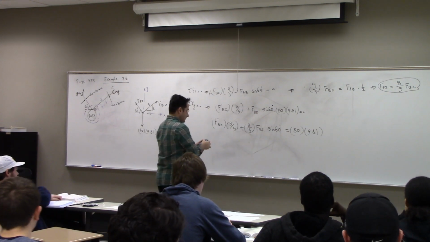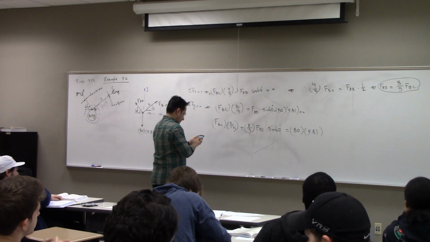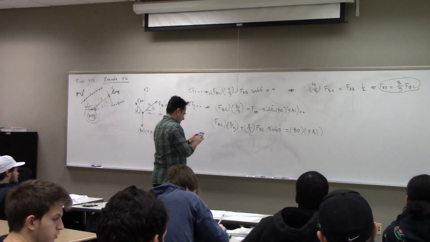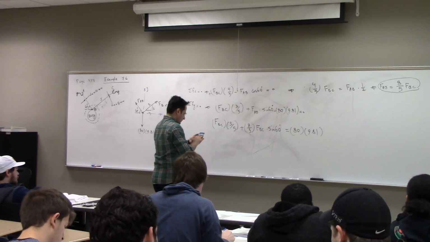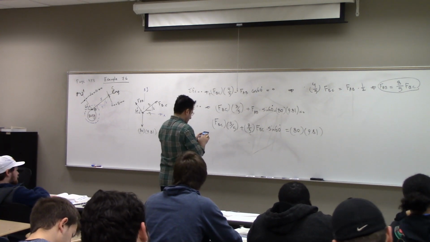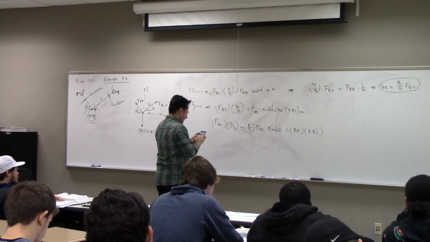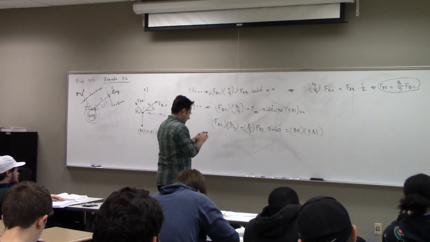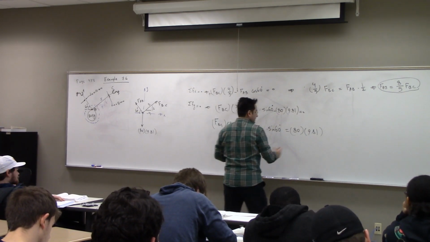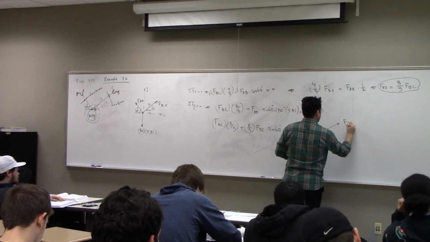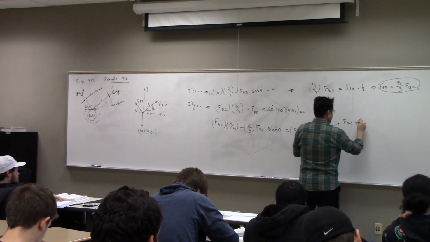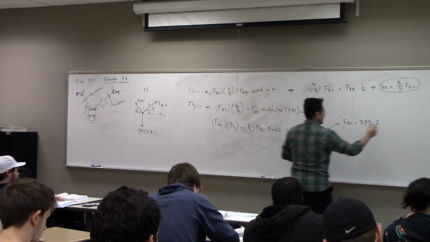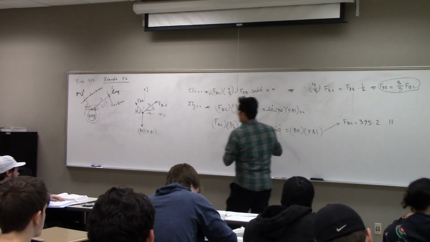Calculator, 80 times 981 divided by... FBC is equal to 395.2 Newton, if the units are Newton.